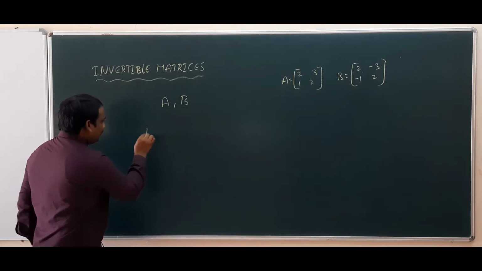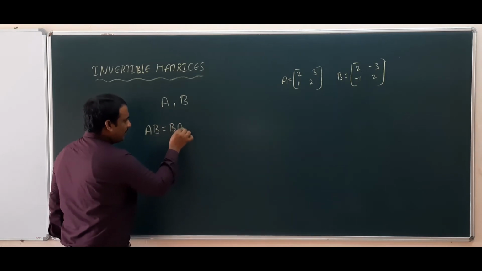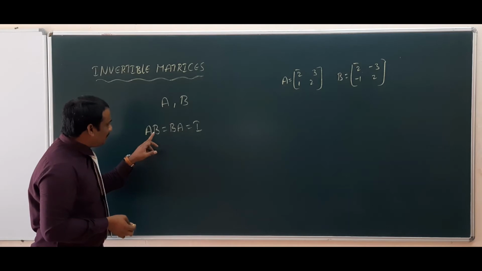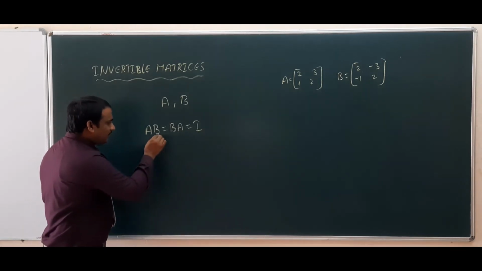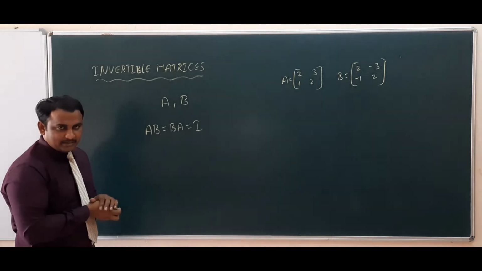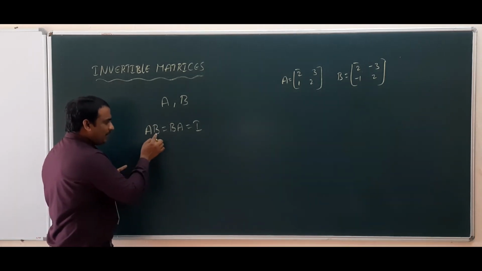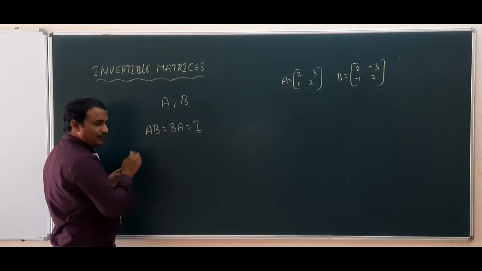Then if you multiply, AB equal to BA equal to I. If you multiply A matrix and B matrix and you get the identity matrix, then B is called the inverse of A matrix.